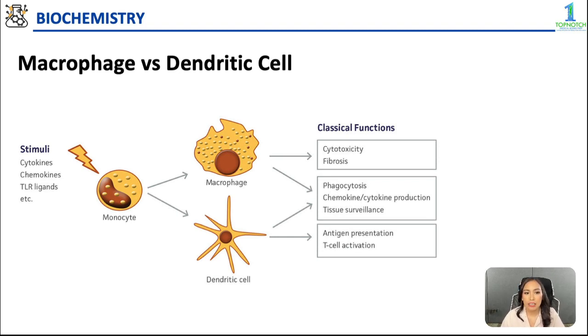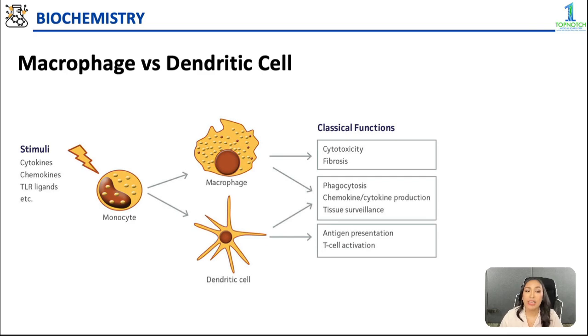So if you look at this diagram, yung macrophage, it points to cytotoxicity, fibrosis, and phagocytosis, cytokine production, and tissue surveillance. Pero yung dendritic cell at the bottom, antigen presentation and T cell activation specifically.